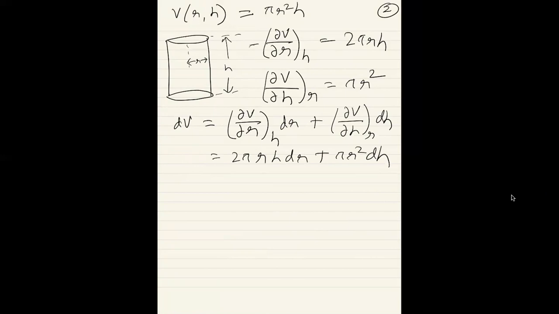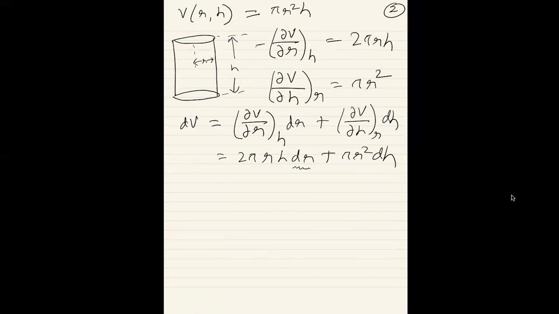This means that if you change the radius of the cylinder by dr, and at the same time, if you change the height of the cylinder by dh, the total change in volume of the cylinder will be 2 pi r h dr plus pi r squared dh. This is a simple but extremely important concept, and we will revisit this in subjects such as physical chemistry many, many times. So that's our first introduction to total derivative.